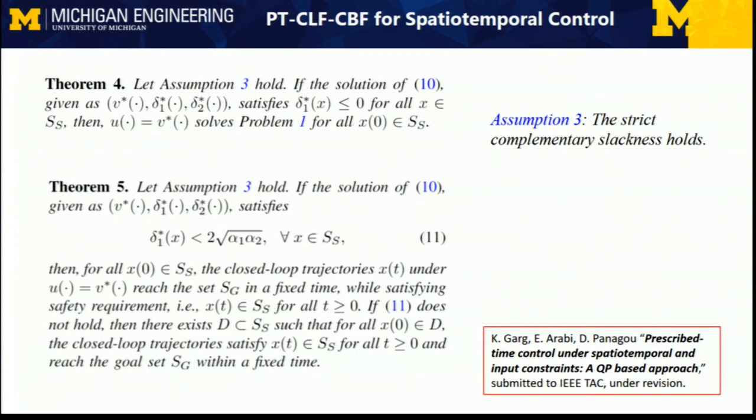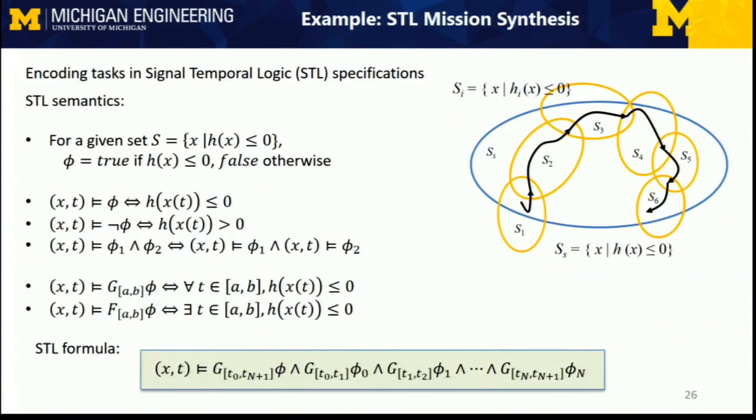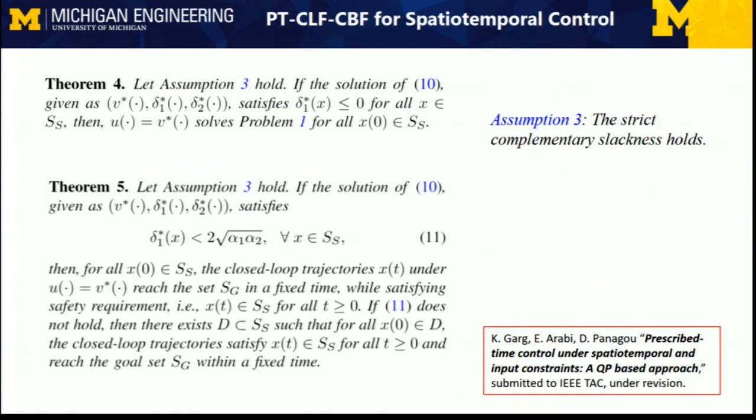And if that holds, then we can prove that the solution of this QP that I posed here satisfies that this delta 1, the optimal slack variable, remains non-positive, which means that it ensures safety and convergence within the prescribed time.